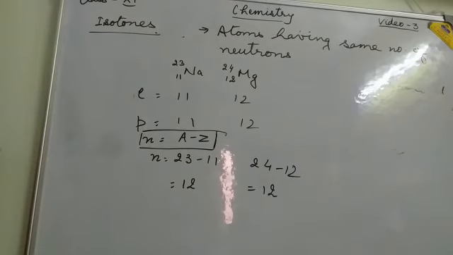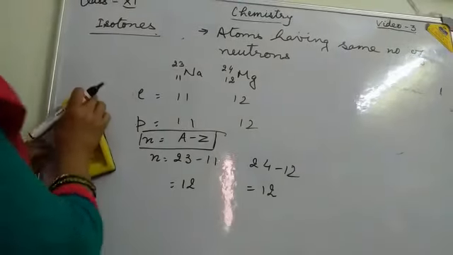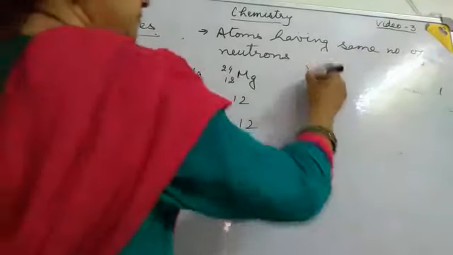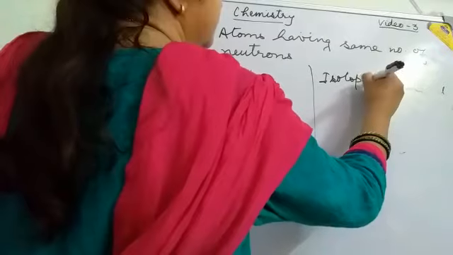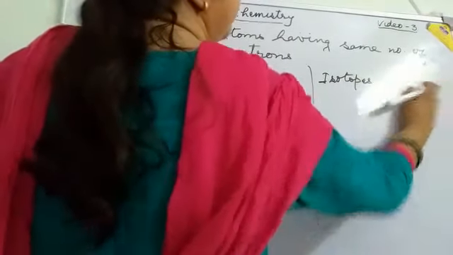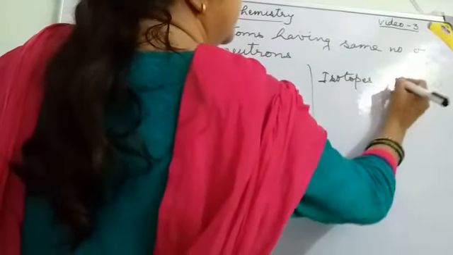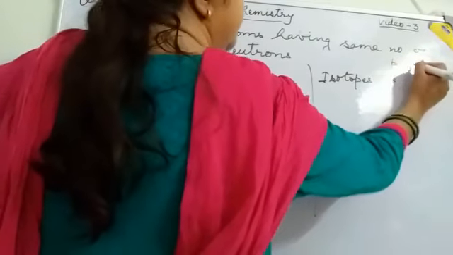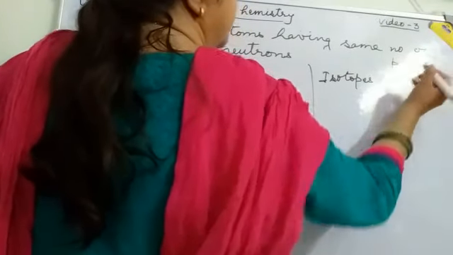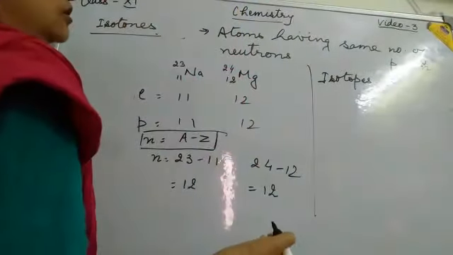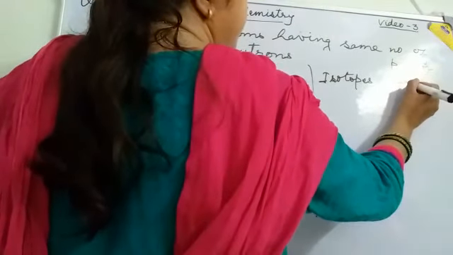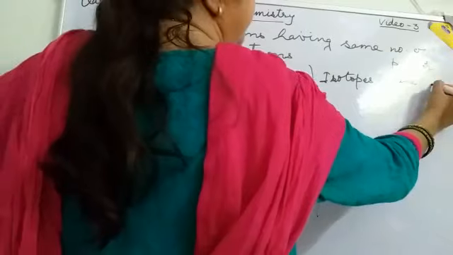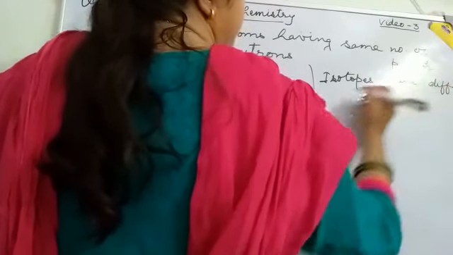So they are considered as isotones. They have different physical and chemical properties. If we summarize the properties of isotopes, isobars and isotones: isotopes have the same number of protons, so electrons are also the same, but different numbers of neutrons.